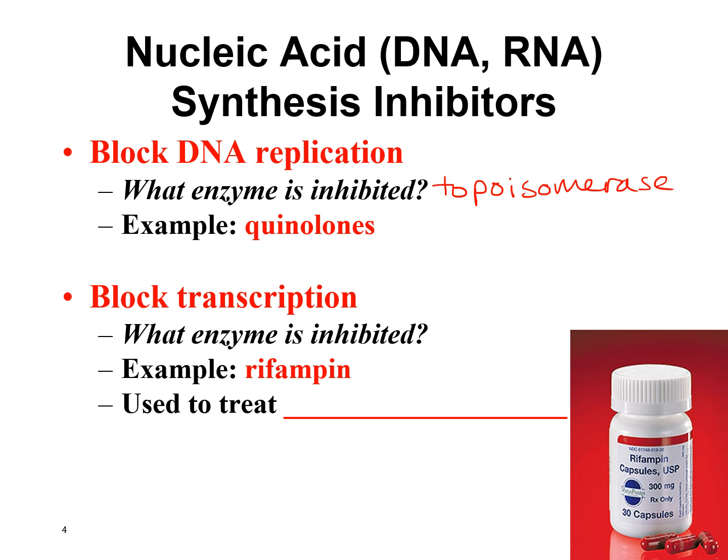So the enzyme that rifampin will inhibit is RNA polymerase, because that's the enzyme that does transcription. And rifampin is used to treat mycobacteria. So that would be used to treat, for example, TB and leprosy.